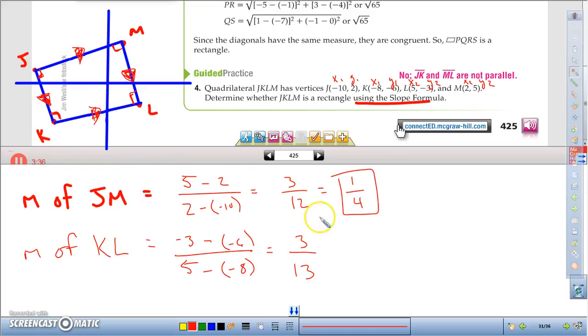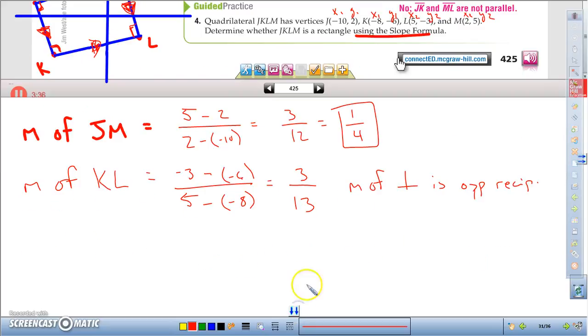Remember that the slopes of perpendicular lines are going to be opposite reciprocals. Okay, so you'll go through, find the slope of JK, and then compare that to the slope of KL.